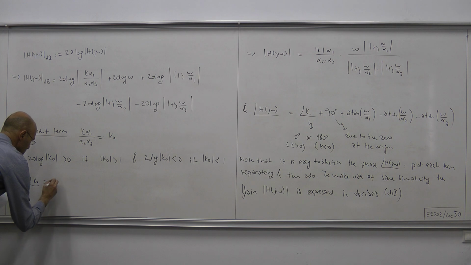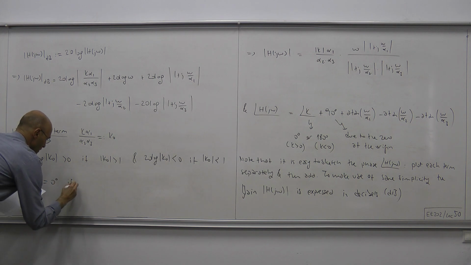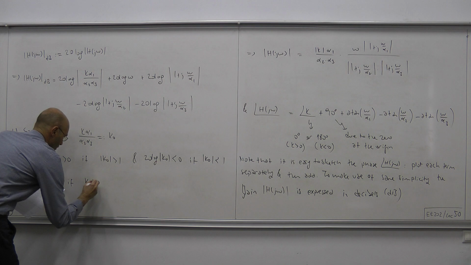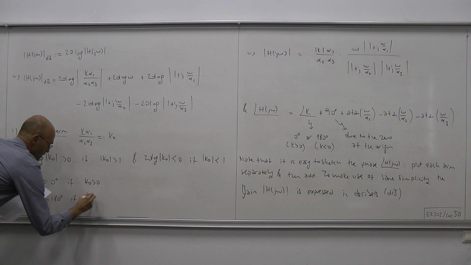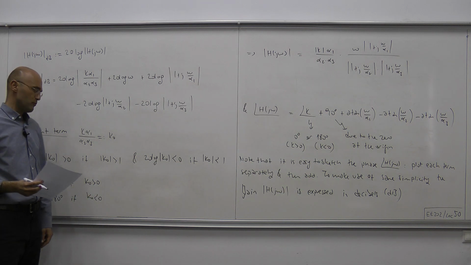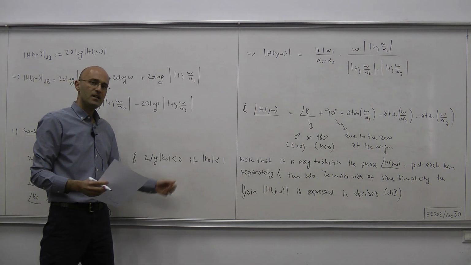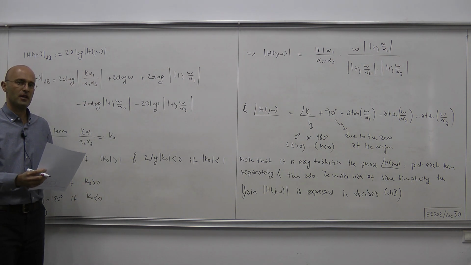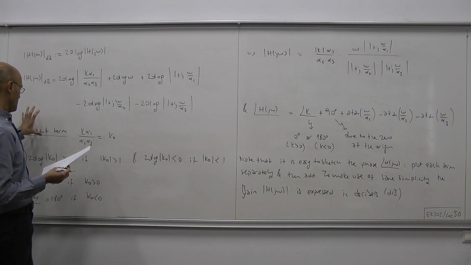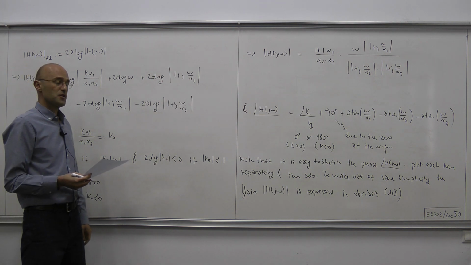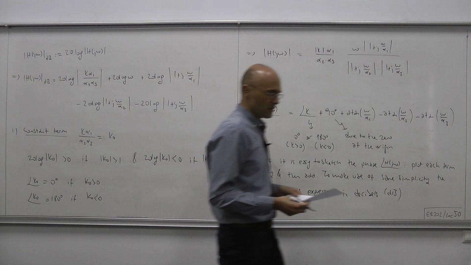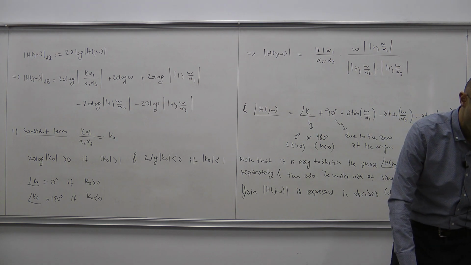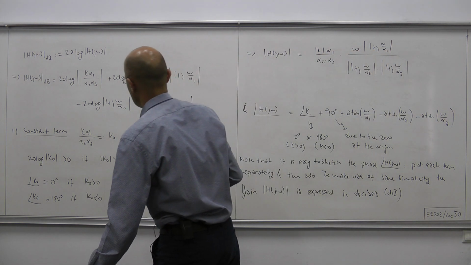But either way, it's again constant, independent of the frequency. So there's really not much interesting going on with the constant term, so it will be easy to deal with that.